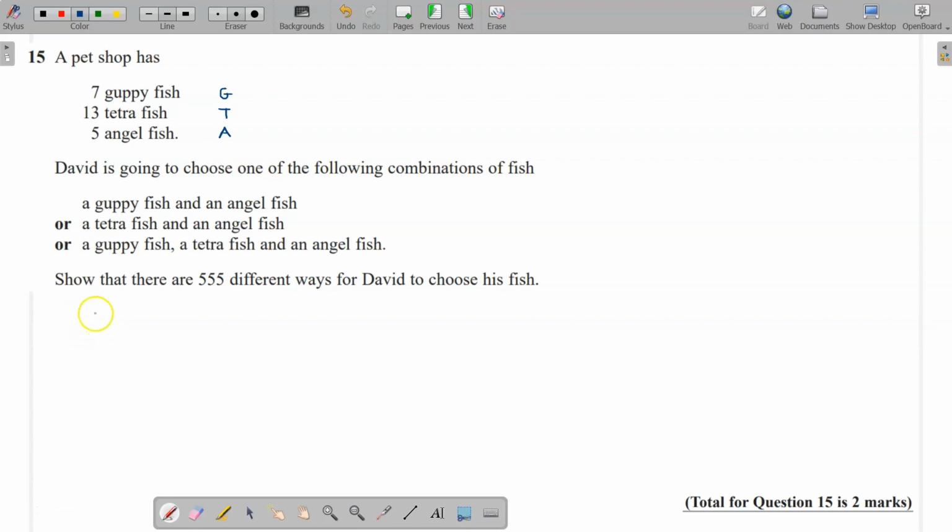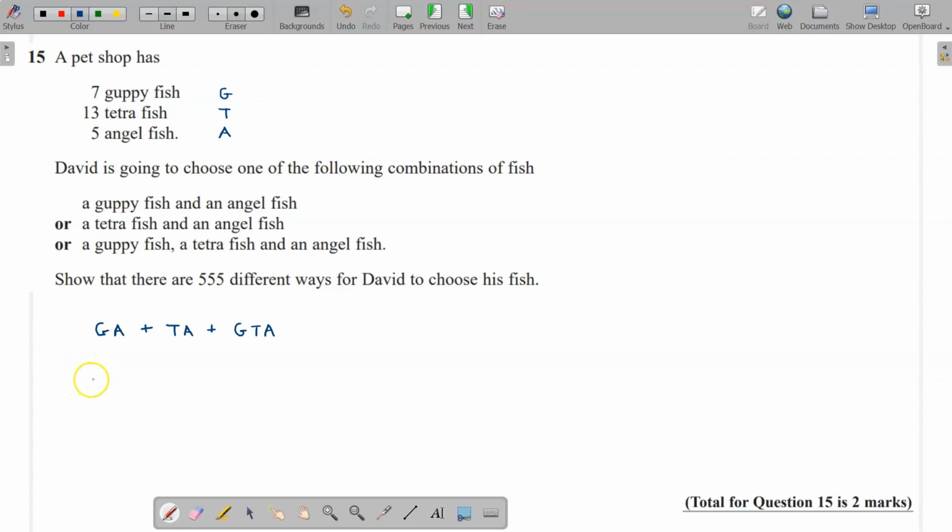So the word "and" implies multiply, so G times A. The word "or" implies plus, which is very helpful because that's exactly what we do. T times A, and the word "or" again is plus, and this time it's all three multiplied together, G, T and A. And we can literally just put the numbers underneath that.